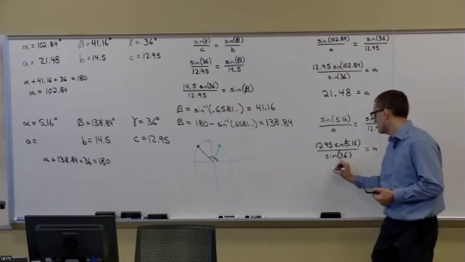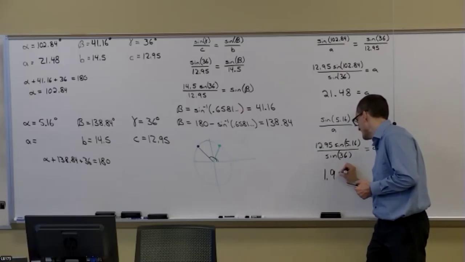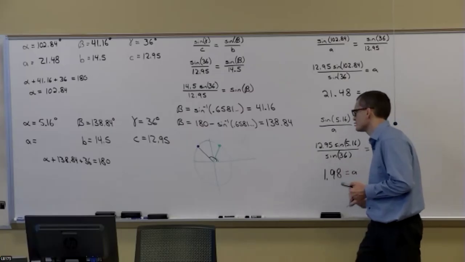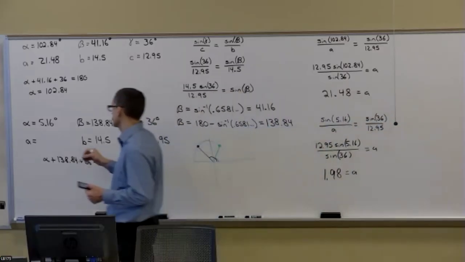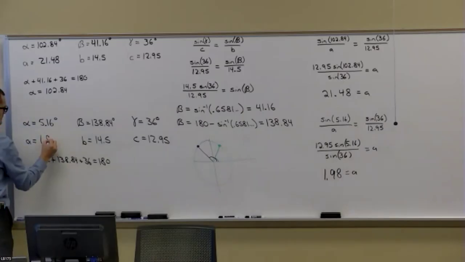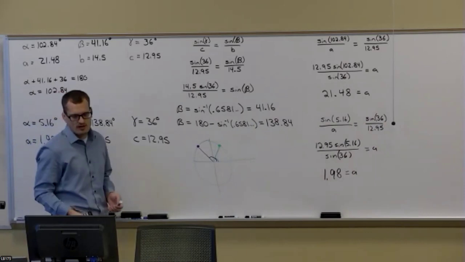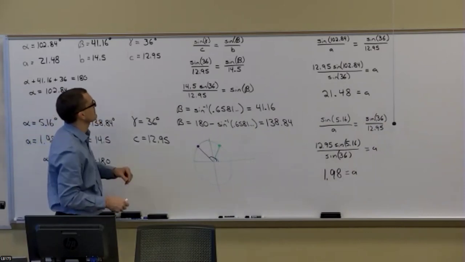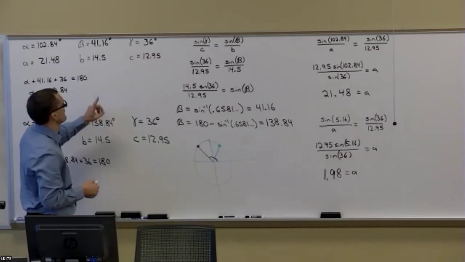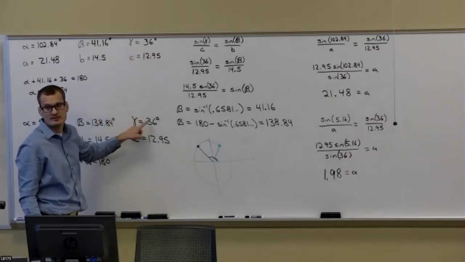And I get an A value of 1.98. So I get two options in this case for triangles. And that is something that can happen when you're only given one of the angles.